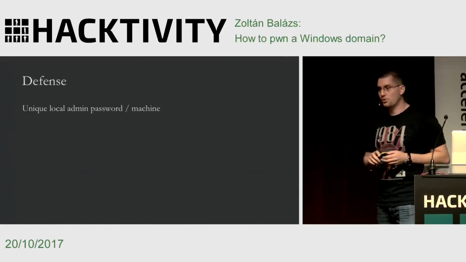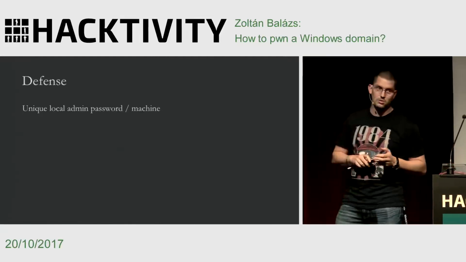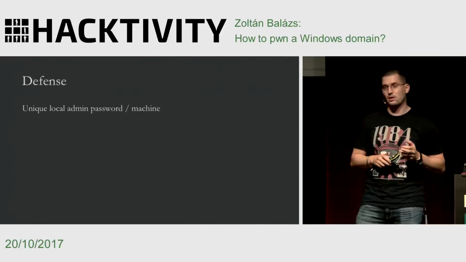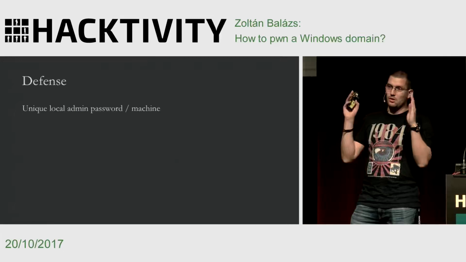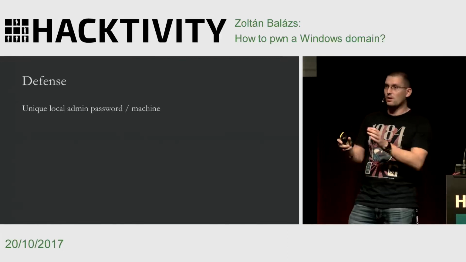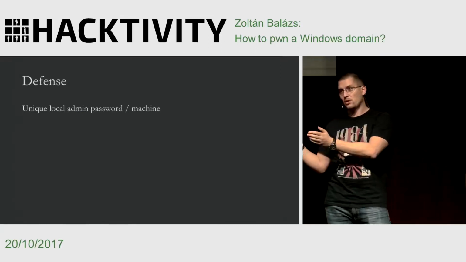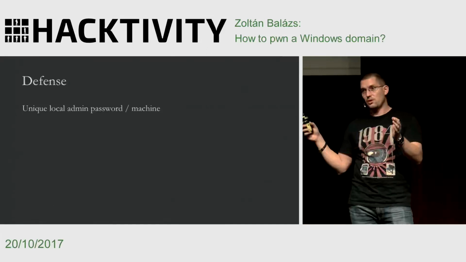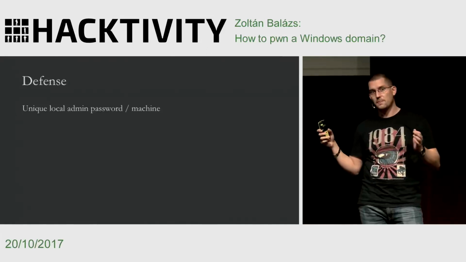But it turns out you can be creative, and you don't have to shoot yourself in the leg with this. For example, let's say you choose a fixed password, and after the fixed password, you put the machine name, which is unique. You concatenate these two together, and now you have unique passwords on all the machines.